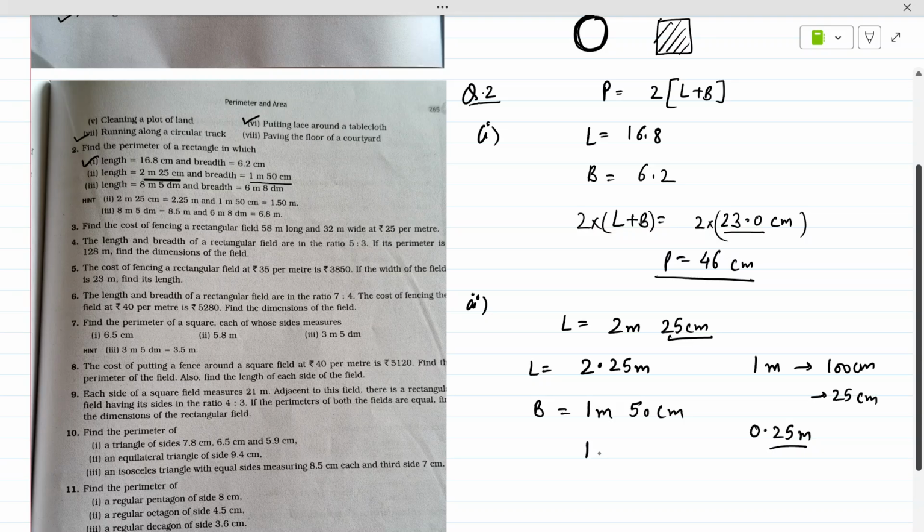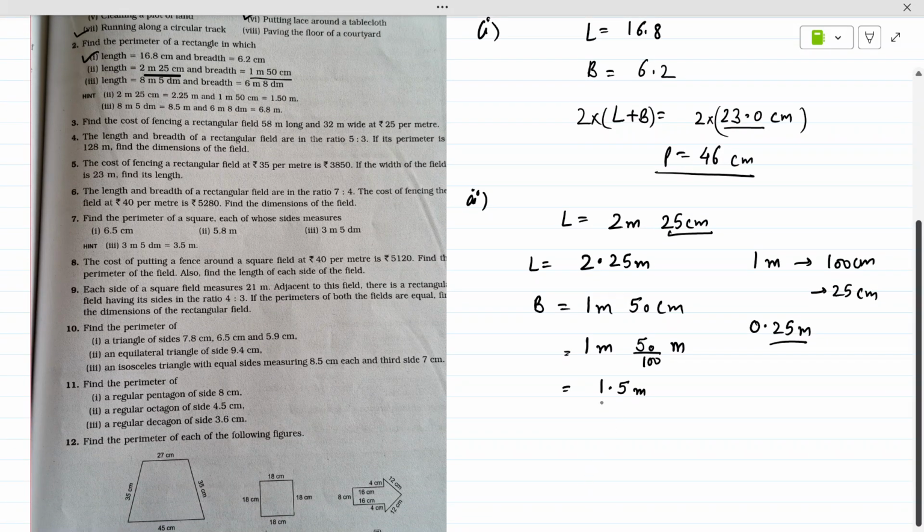Let me do it like this first: 1 meter and then 50 divided by 100 meters when we are changing it. So this whole will become 1.5 meters. So this is the final length in meters, and final breadth in meters.